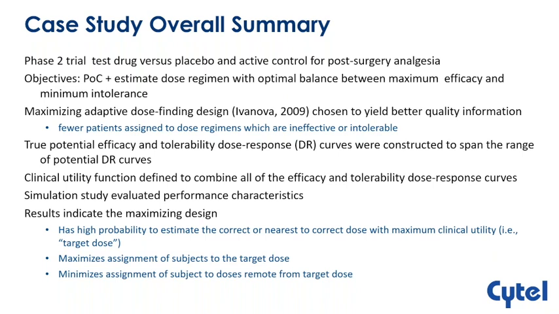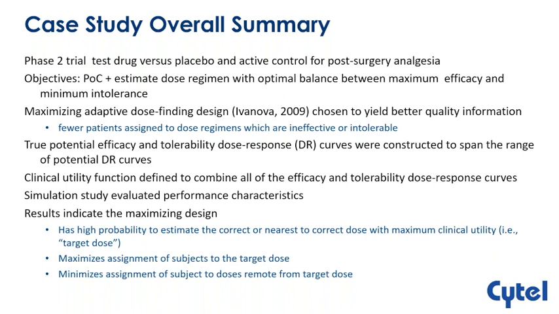The maximizing design was chosen to yield better quality information than just a non-adaptive equal allocation design, because fewer patients would be assigned to dose regimens which are either ineffective or intolerable. So this was a good fit for this type of design.